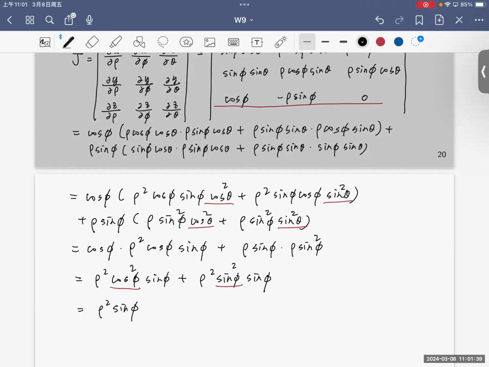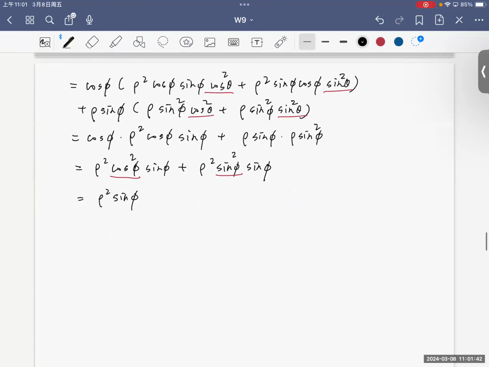Okay, so the Jacobian is equal to rho squared sine phi, so dx dy dz is equal to the absolute value of the Jacobian times d rho d phi d theta. And it's the absolute value of this rho squared sine phi, d rho d phi d theta.